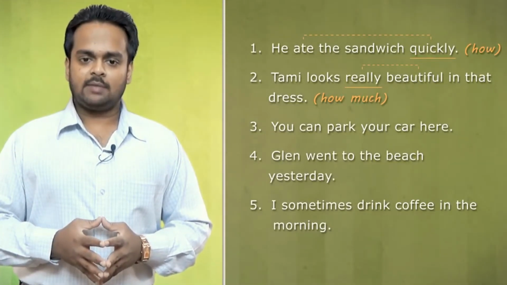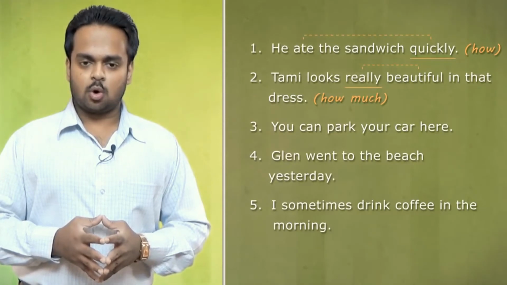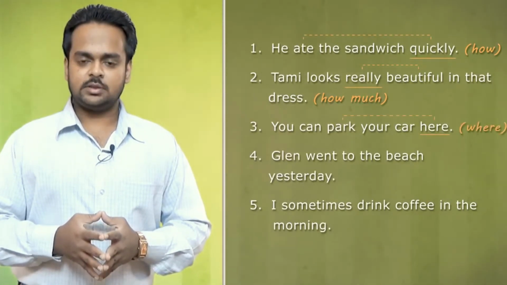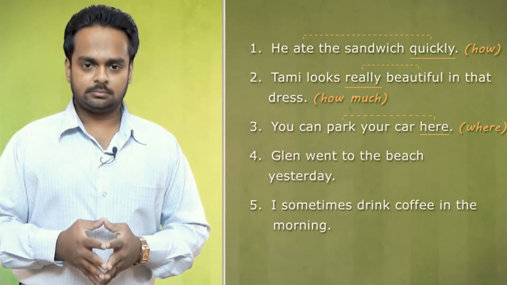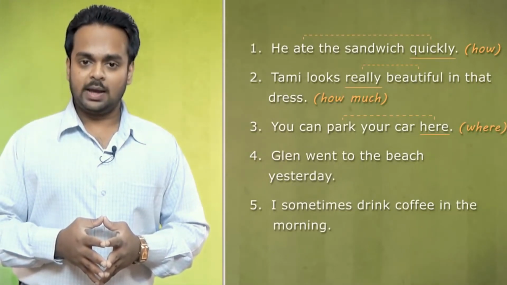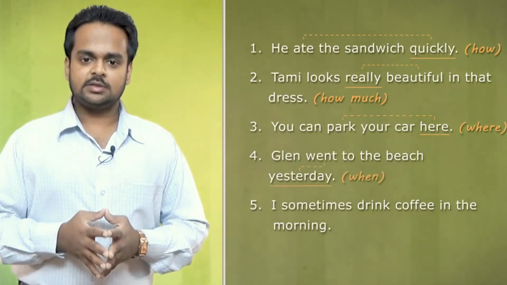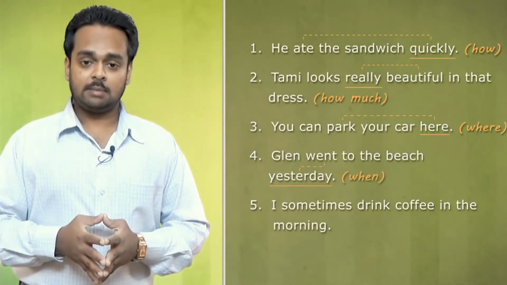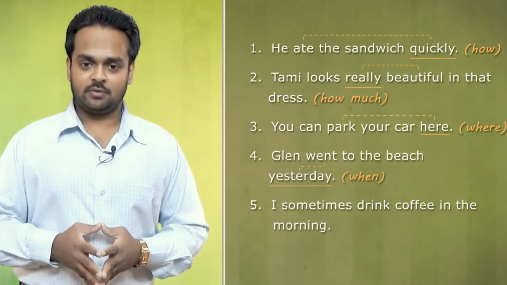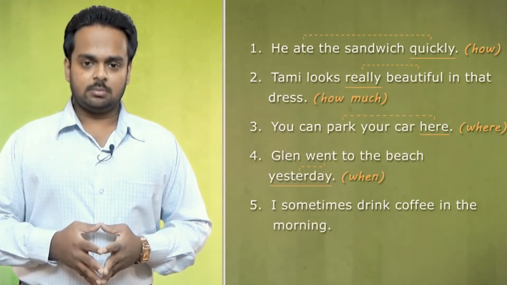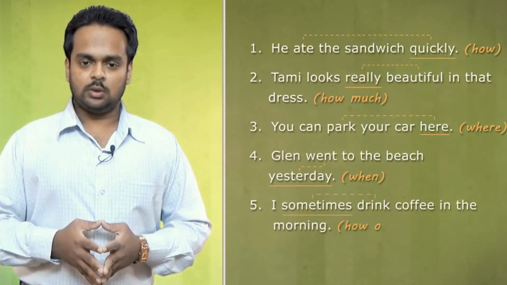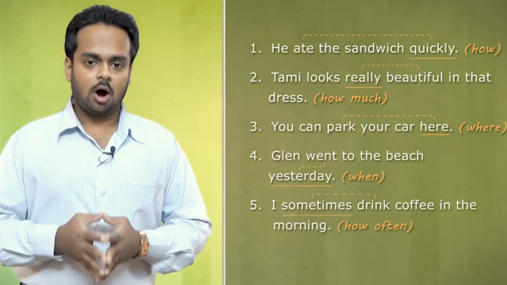In number 3, we have an adverb of place. It's the word here, which gives us the answer to the question, where. In number 4, we have an adverb of time. It's yesterday, and it tells us when. And in number 5, can you identify the adverb? The adverb is the word sometimes, which answers the question, how often?